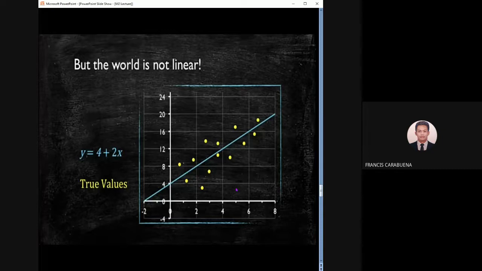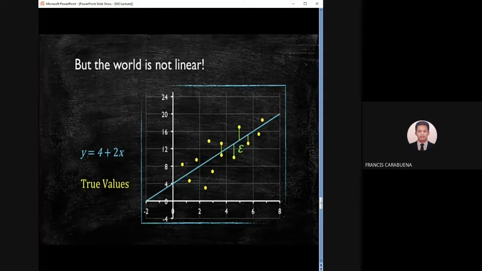But the line is generally not passing across all the dots. Rather, there are going to be errors, and we can measure the distance between the dots in real life and the actual linear regression line. What linear regression is going to do is try to draw a line that minimizes these errors.